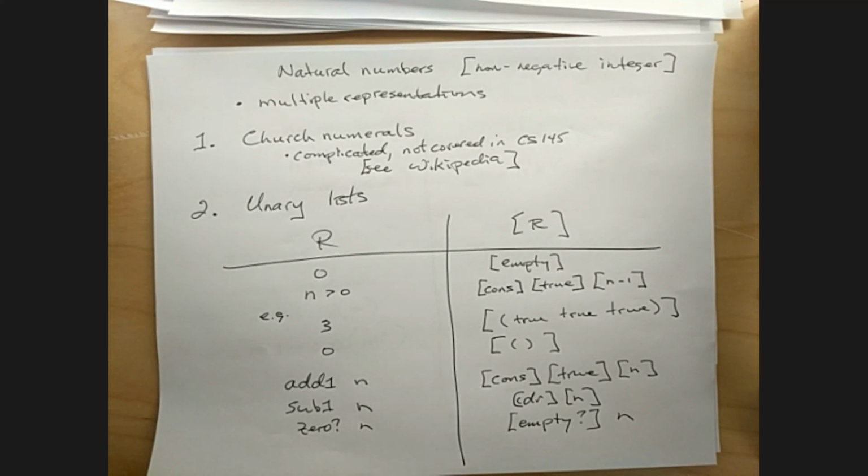Okay, so natural numbers. We're going to talk about natural numbers. Now, the world has changed since I went to school. When I went to school, my teachers all told me that natural numbers were the counting numbers starting with 1, 1, 2, 3, 4, 5, and that whole numbers were the non-negative integers, 0, 1, 2, 3, 4, 5. Somewhere along the line, somebody decided that they would call natural numbers the numbers starting with 0.